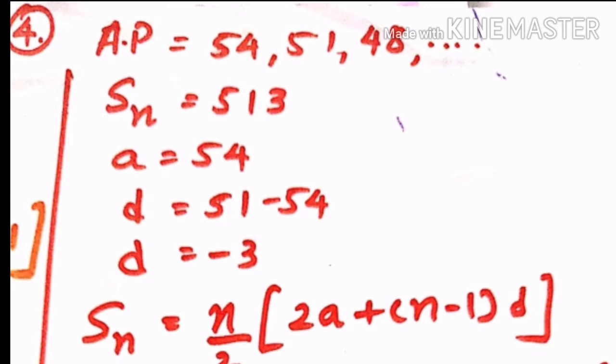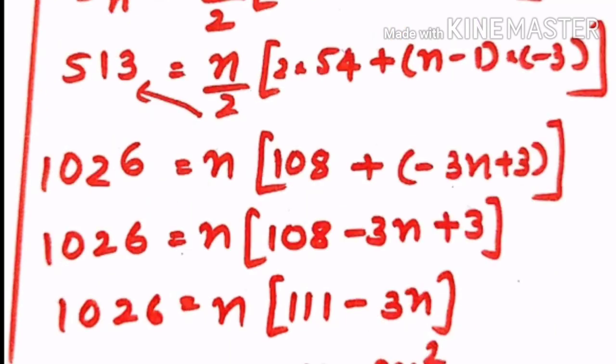This AP is decreasing, so you have to think accordingly and write. Now Sn is equal to n by 2 [2a plus (n minus 1) into d], that is our formula. Now substituting value of Sn, 513 is equal to n by 2 [2 into 54, that is the first term, plus (n minus 1) into minus 3].